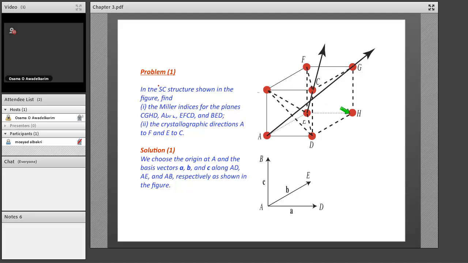Now, what I'm going to do is take point A as my origin. And then at this point A, I'm going to draw the three basis vectors.